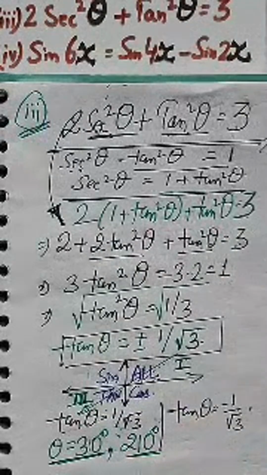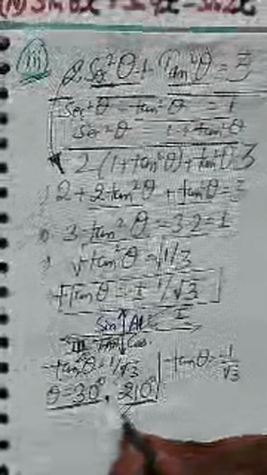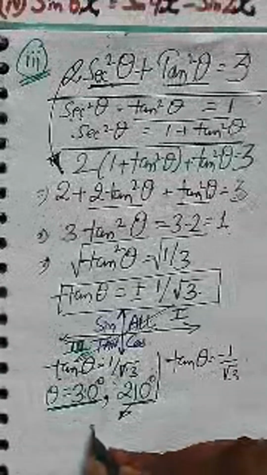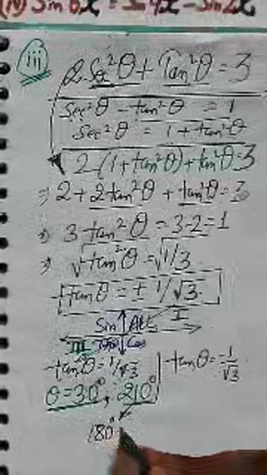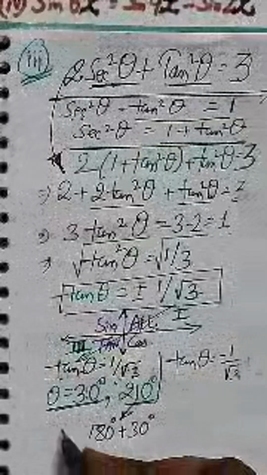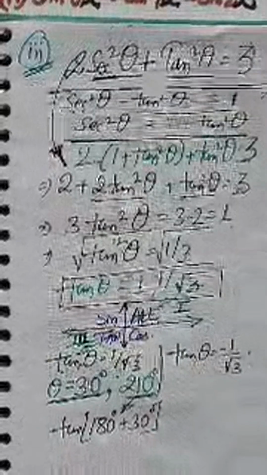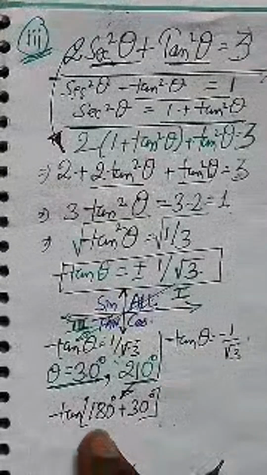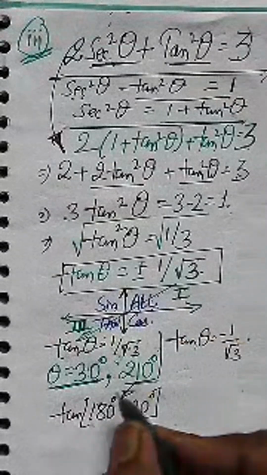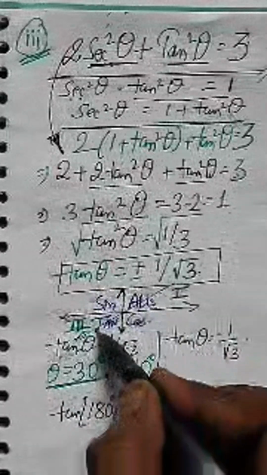How did this 210 come to us? Here you can see 210 can be split into 180 degree plus 30 degree, right? And when you take tan of this, 180 plus 30 is coming into the third quadrant.